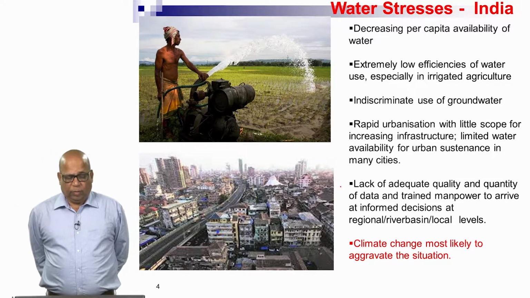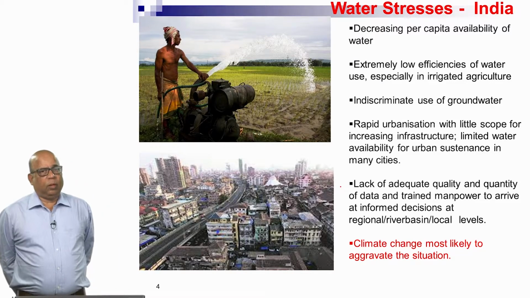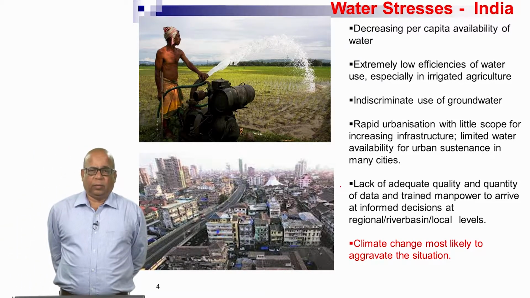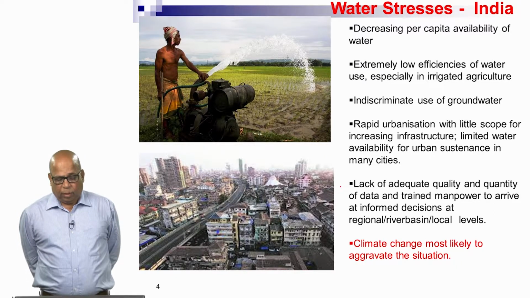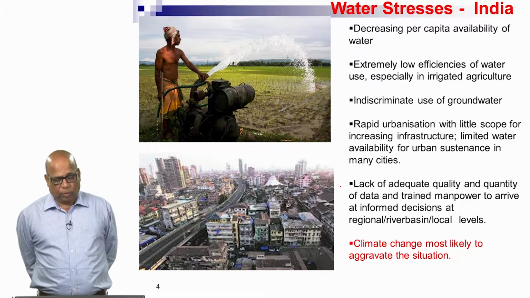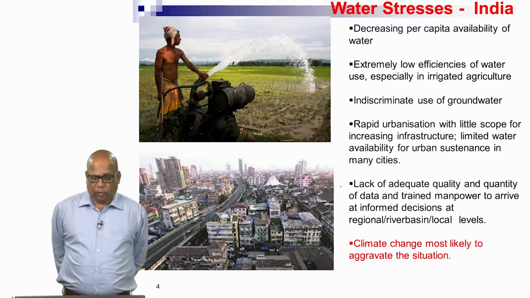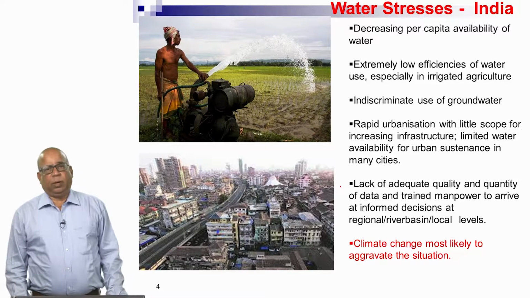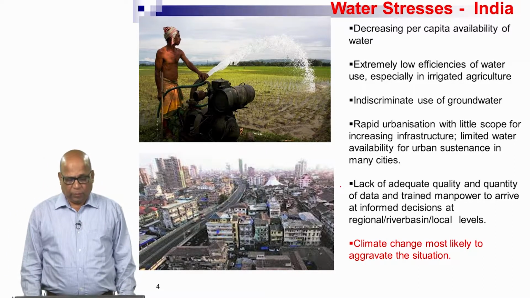Then what is more concerning is that we use bulk of our water for agriculture, as indeed it is the case with many countries, but our efficiencies of water use are very small. So, low efficiencies of water use. Then groundwater depletion has caused major concern in several regions of the country.